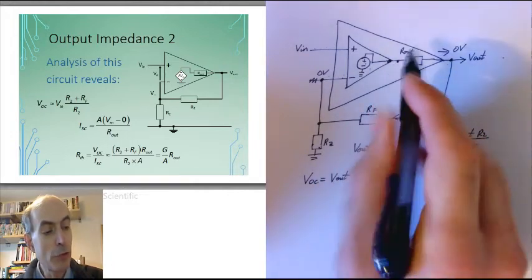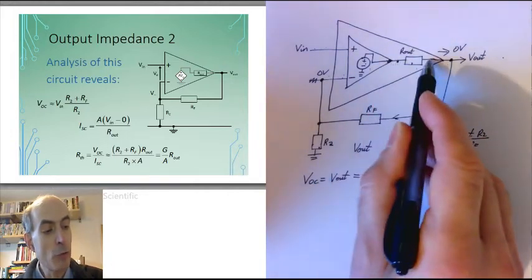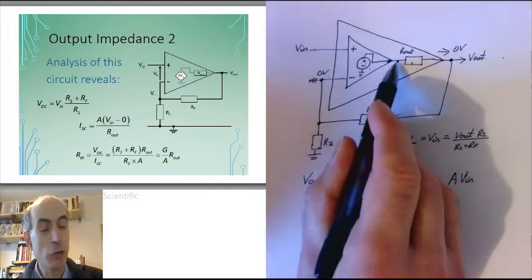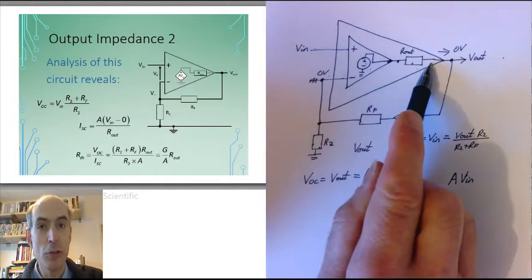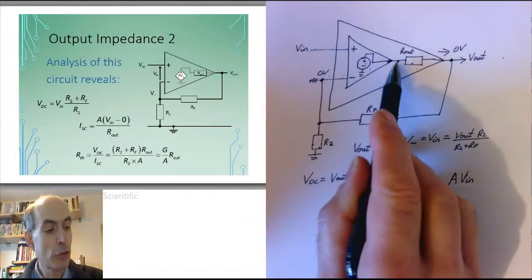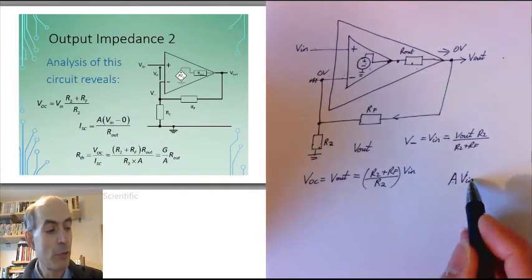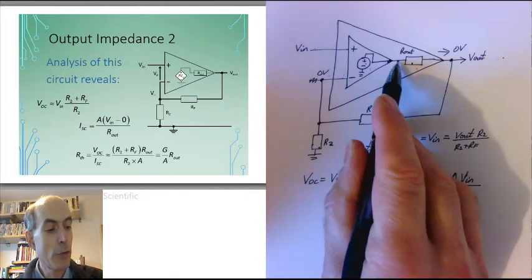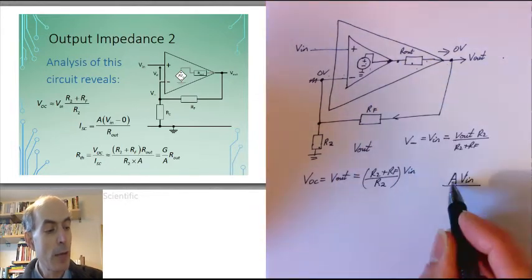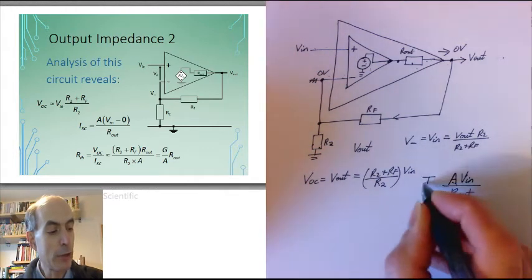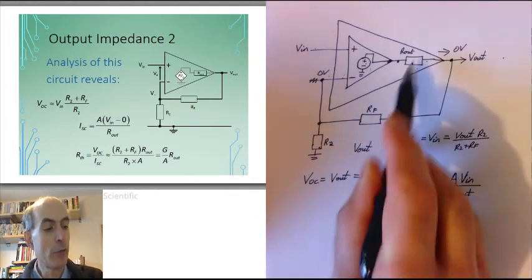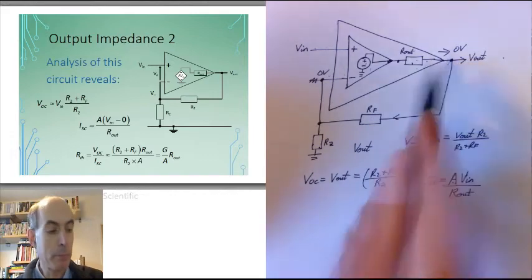That will produce a current flowing through R out of the voltage across R out. Well, it's A times Vin on this side and 0 on this side, so the voltage across the resistor is A times Vin. The current through the resistor is therefore A Vin over R out. And that's my short circuit current. All of that current would flow out of the op-amp.